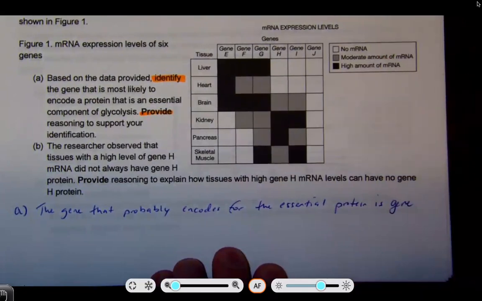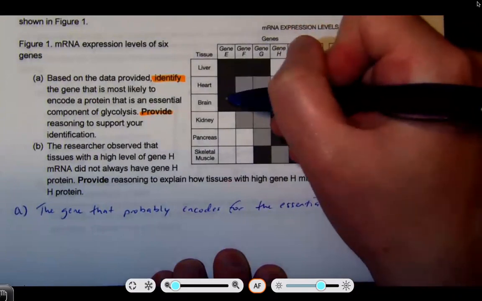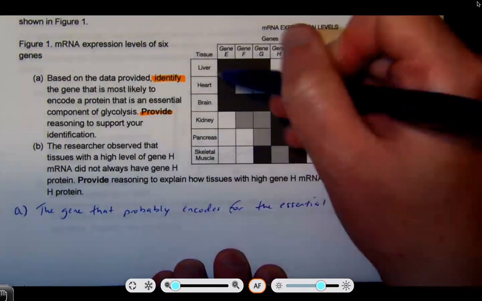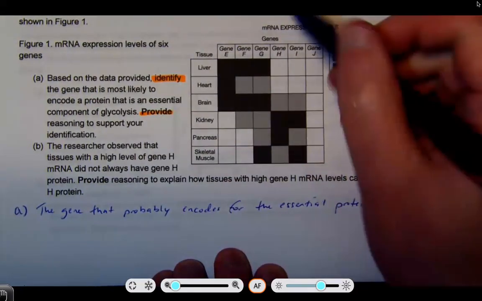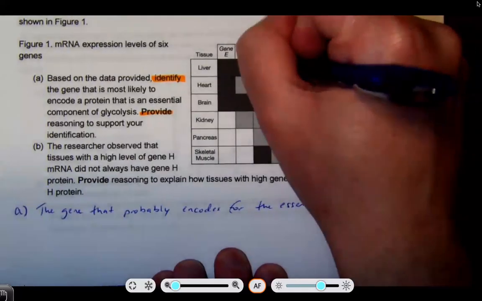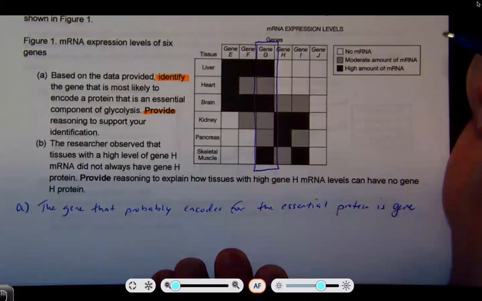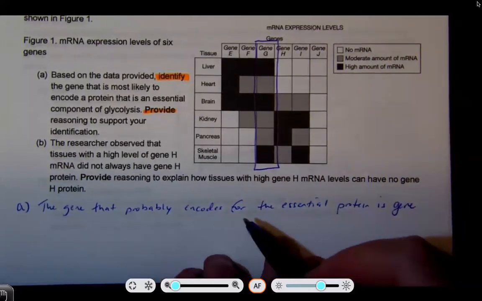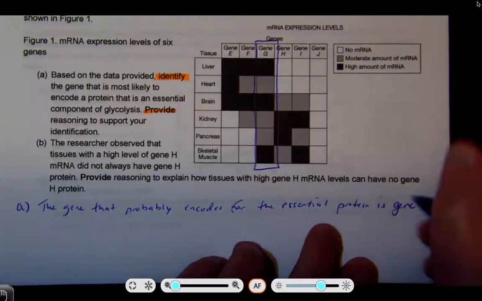And so if we look, we'll notice that in the liver, heart, and brain, we find E, but not in the kidneys, pancreas, or skeletal muscles, and we just kind of scan across, and we notice that, whoa, J isn't found in any of these things. But G is found in all of them. And the word essential means that it's needed. So in this case, we would expect that the gene that probably encodes for the essential protein is gene G.